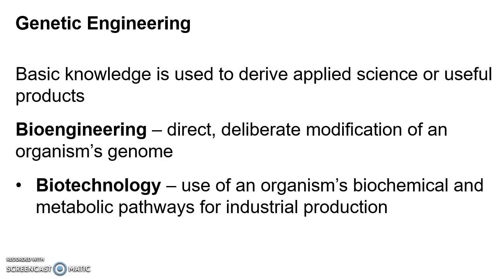Bioengineering is directly and deliberately modifying an organism's genome for either research or practical purposes. The field of biotechnology is using an organism's biochemical and metabolic pathways in order to produce something or some things that are useful for industrial production.